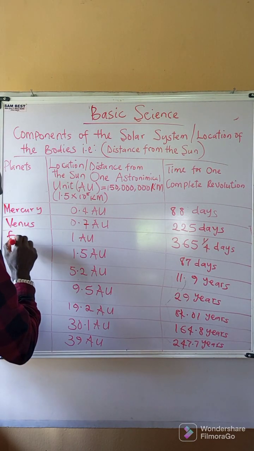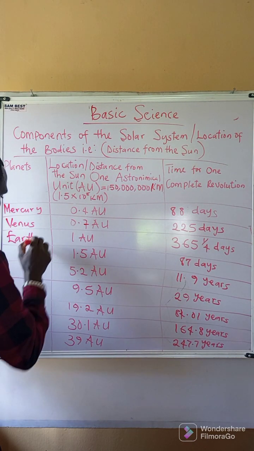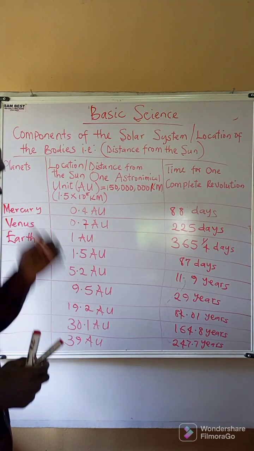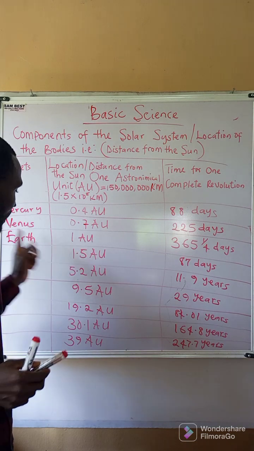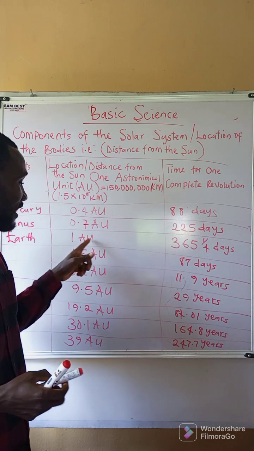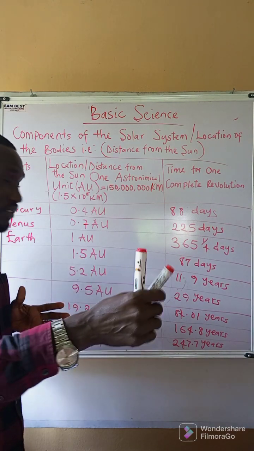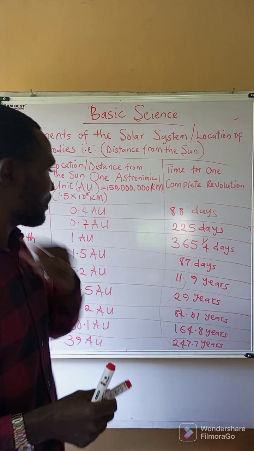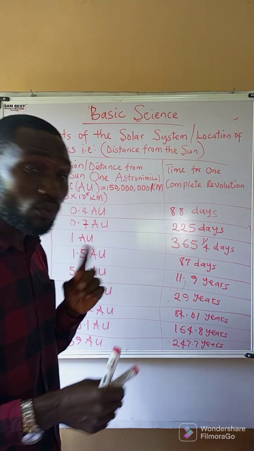Okay, the third one is what? Our Earth. The distance from the Earth to the Sun is just 1 AU. Then how many days does it take to complete one revolution?